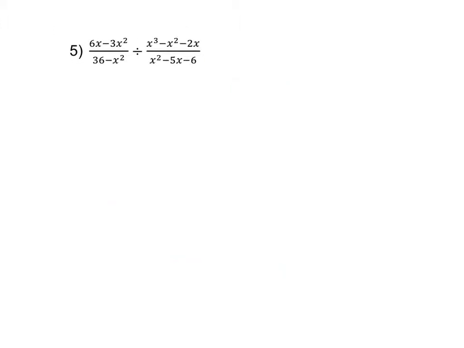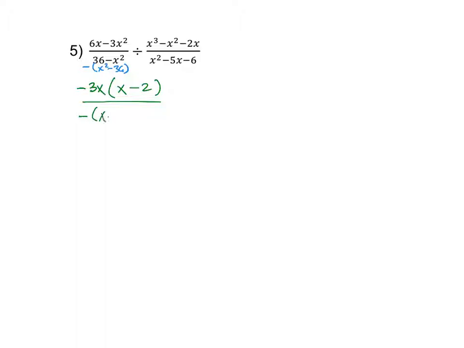Okay, the last one. Again, I'm going to start by factoring everything that I can factor. So I'm going to take out the common factor on top, negative 3x. So I have x minus 2 divided by negative... Again, on this step, if I take out that negative as a common factor, I have x squared minus 36.